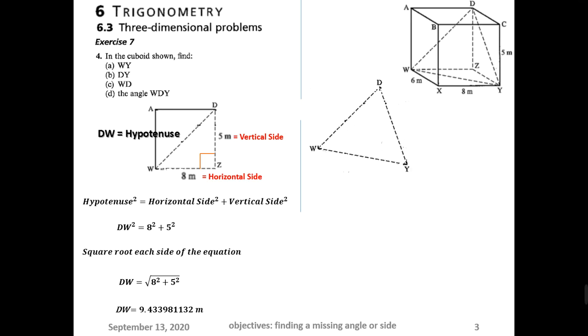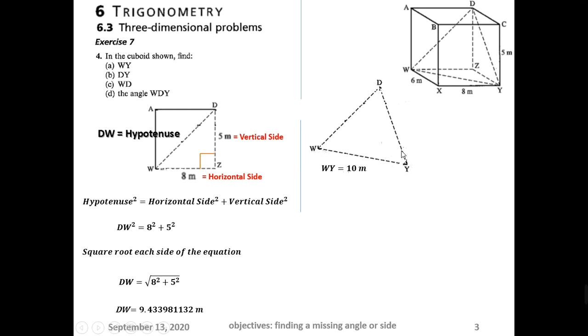Last part, so we must take triangle WDY, as you can see here. Now we found in the previous steps the lengths of WY, WD, and DY.